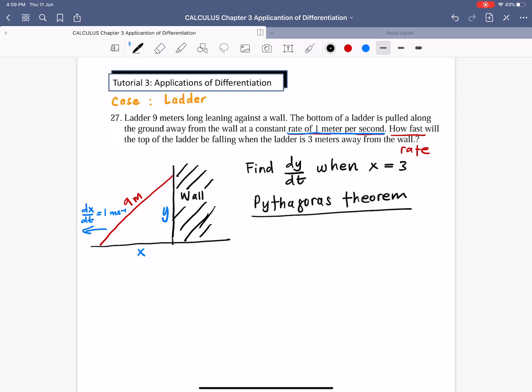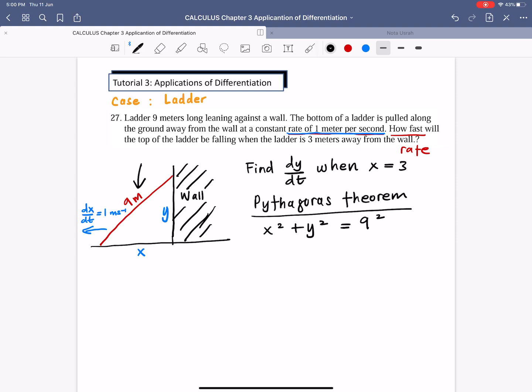Based on the Pythagoras theorem, we have x squared plus y squared equals 9 squared in this case, because the length of the ladder is 9 meters.